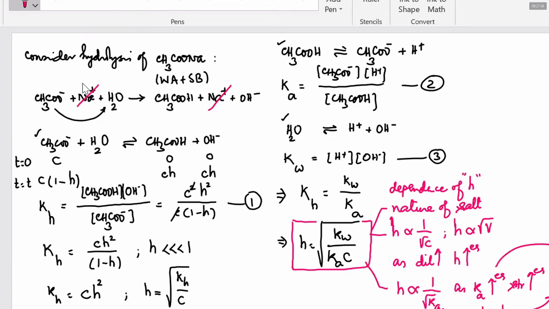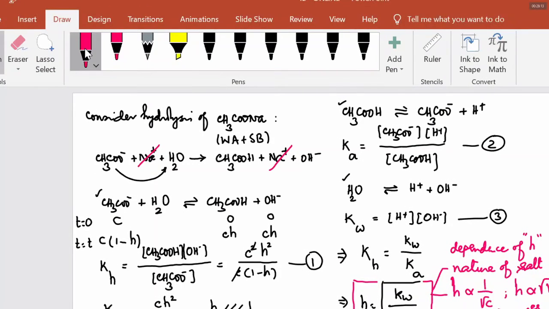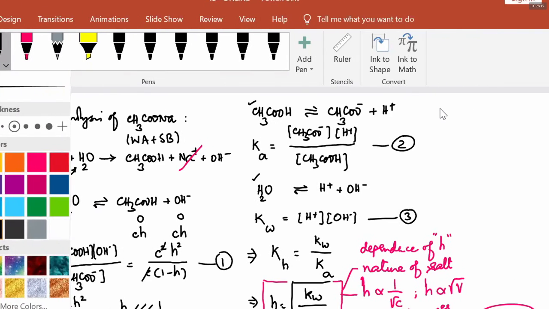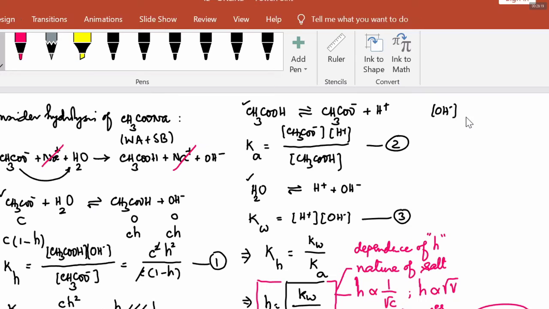No, sir, we have OH minus ion available here. Therefore, we can take advantage of either this equation or this equation. Since the solution is basic in nature, I should take the concentration of OH minus ion. Be careful.